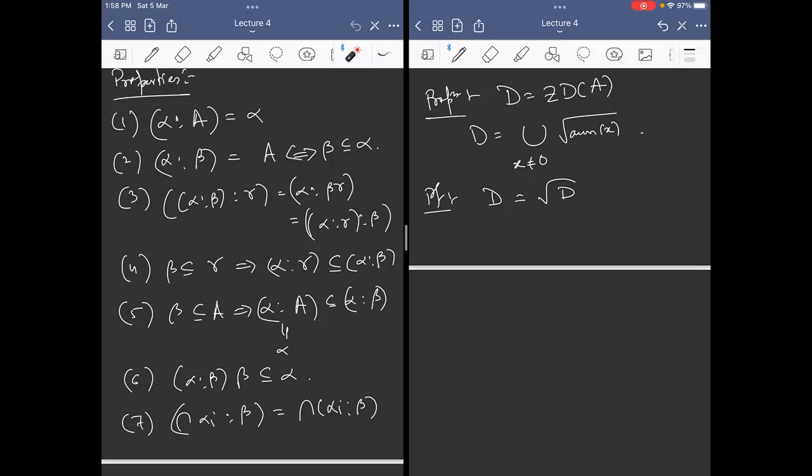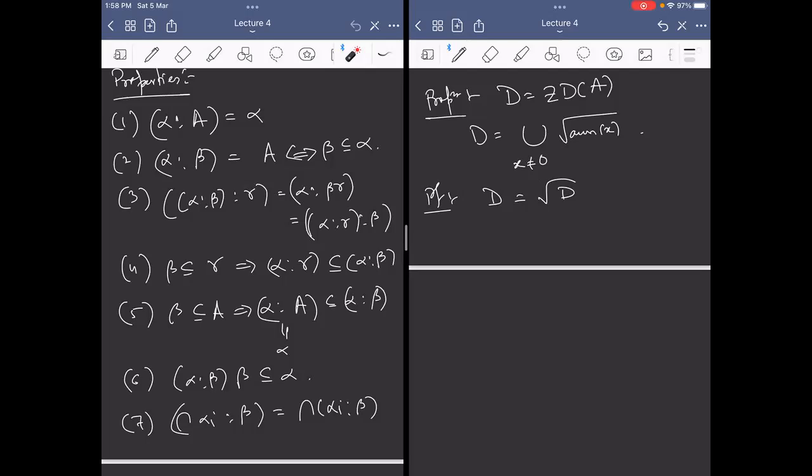Then there exists some non-zero y such that x to the power n times y is 0, and since n was smallest, x to the power n minus 1 times y cannot be 0, so it is non-zero. That makes x a zero divisor. Therefore if x is in the radical of D, then x is in D.